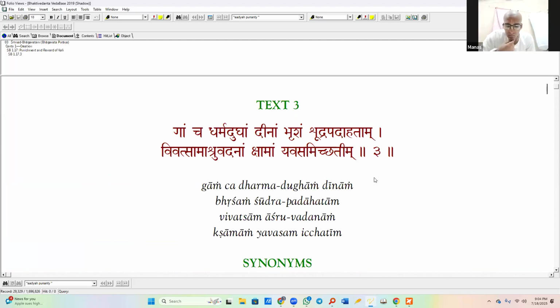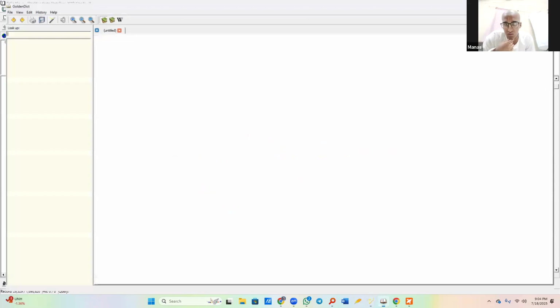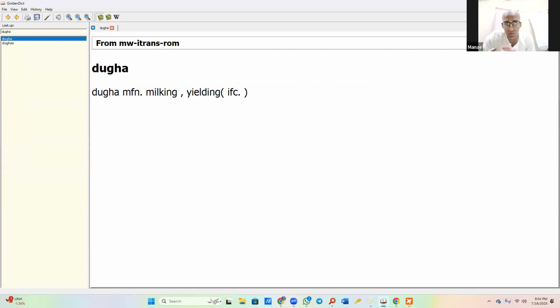I was not able to understand it, because dug means to yield. But if it should be 2.1, it should be dugam, but it's dugham. I looked at the word dugha in the dictionary, and it was saying milch cow.